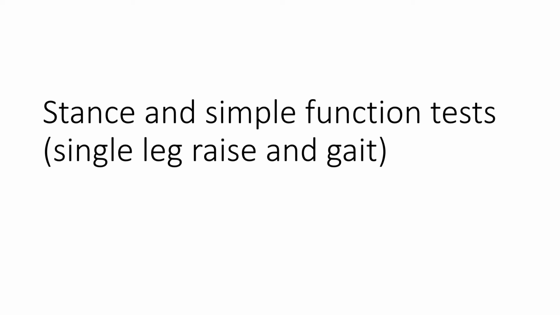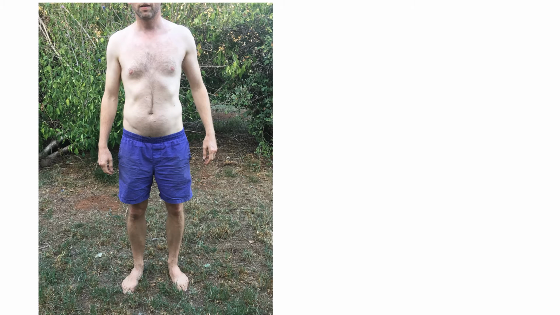We now go to the stance and simple function tests. And as with most lower limb things, I often look just globally at them. So are their shoulders aligned in the same horizontal plane? You look at their back to see if there's any scoliosis. So if you can imagine looking at their back, just making sure it runs down the line.